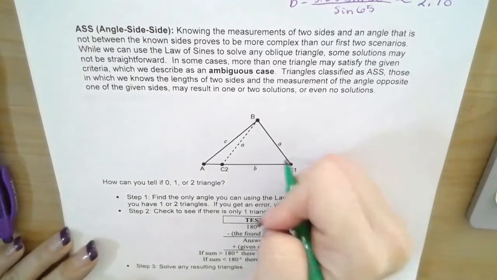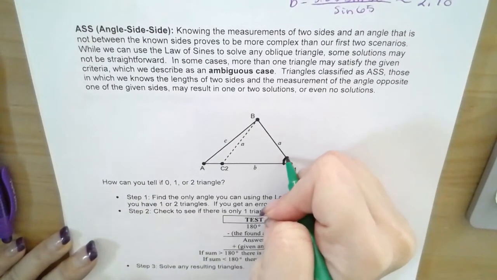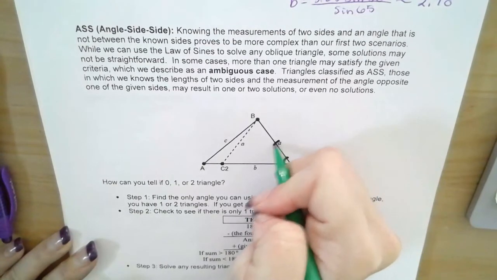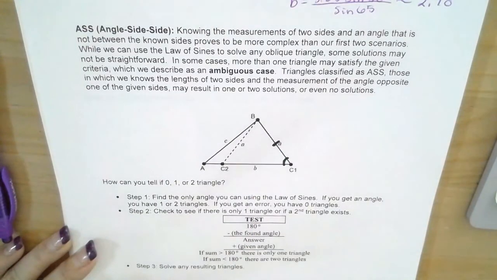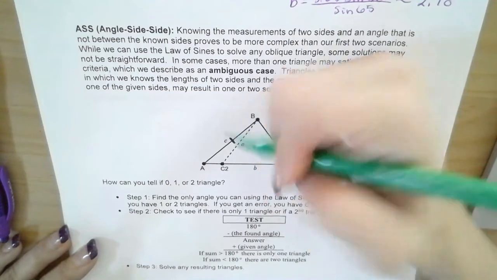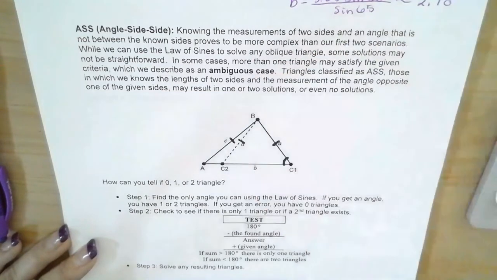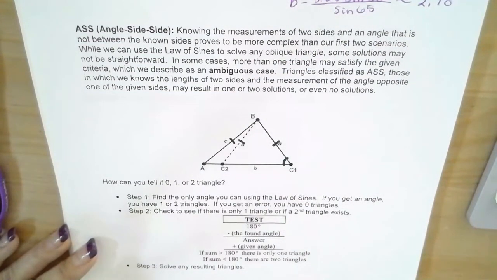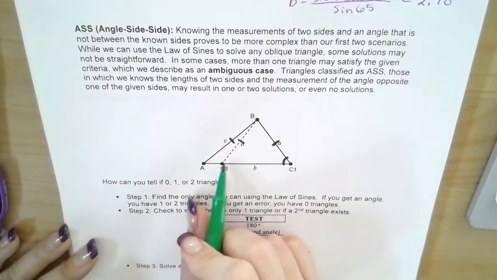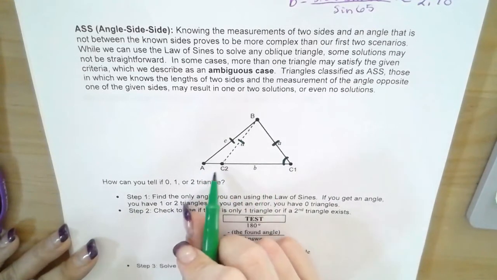So our angle would be this C1, our side would be this A, and what you might not be able to see is that this side C and this side A are actually the same length. What happens is it changes these two angles and it changes this side length.